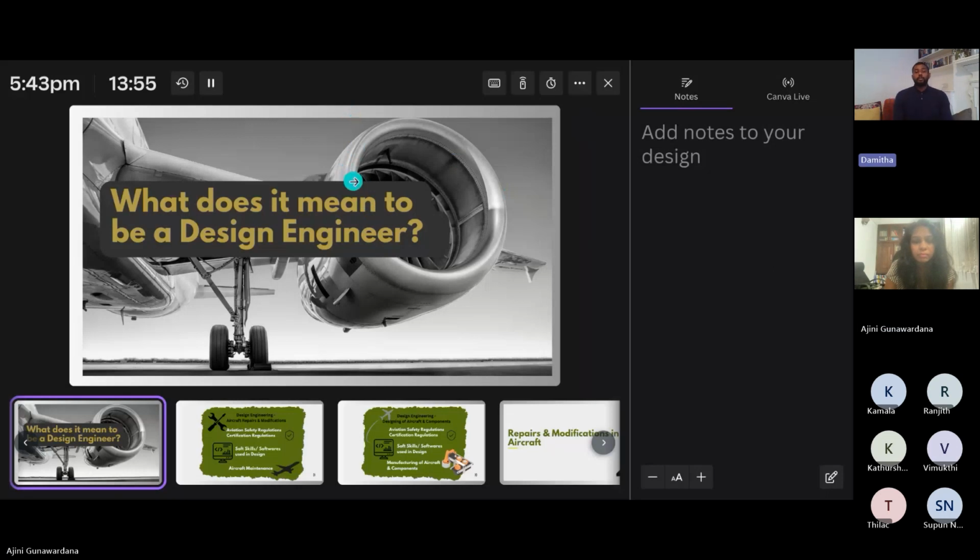Sorry, yeah. So a design engineer, in my own interpretation and from my experience, is a person who designs, well, it's in the name, designs something that is required for a purpose within given parameters. Design engineering doesn't necessarily have to be aerospace, mechanical or electrical; it's a vast, broad definition.